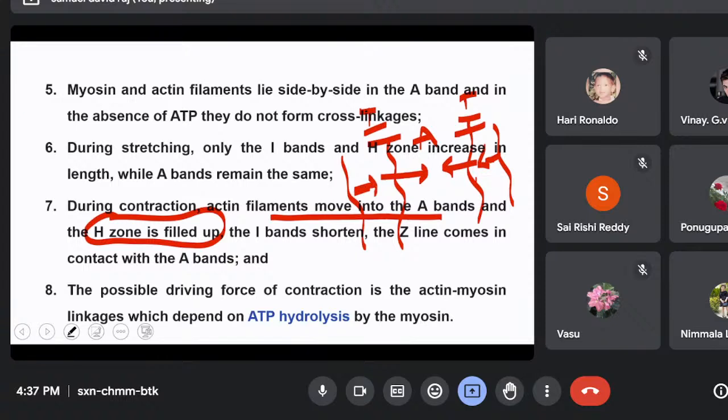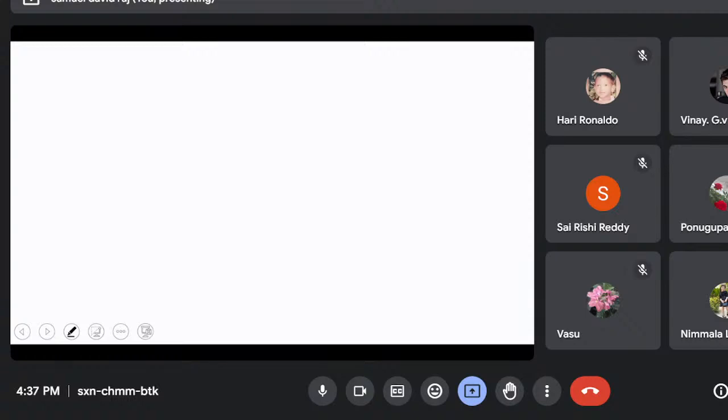Thus, the actin filaments between the two Z lines are pulled into the Hansen's disc, so that the Hansen's disc is filled up and the A band remains the same, only the I bands shorten. For this entire process, the driving force is the ATP hydrolysis done by the myosin. This is what they have proposed.